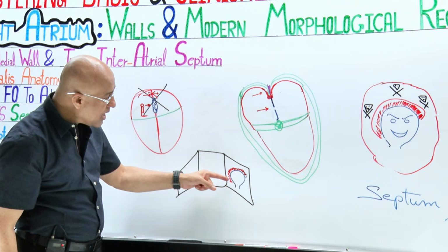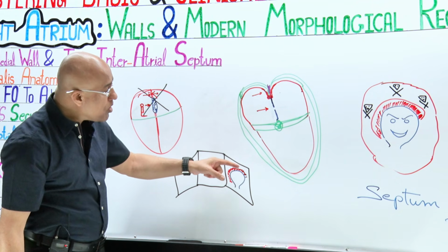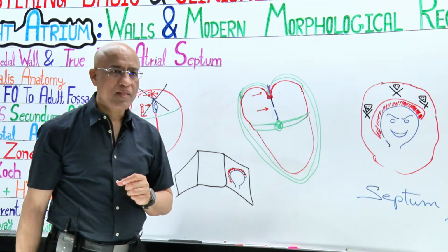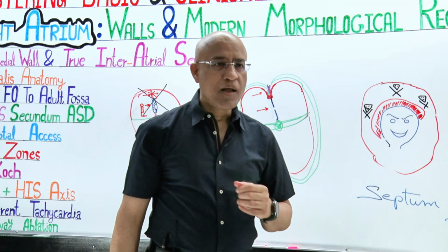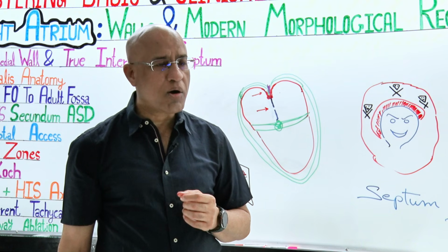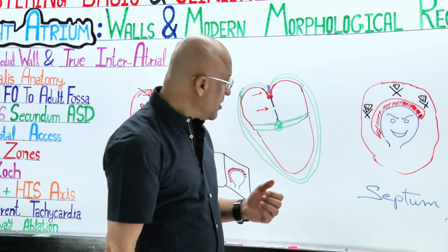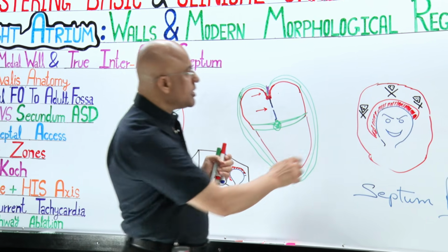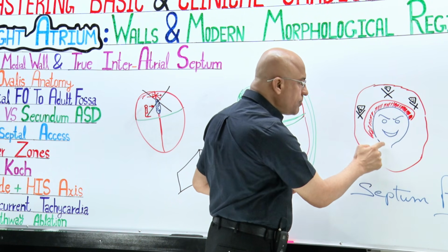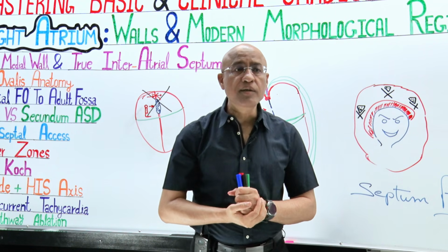And this thickened area, which is called the limbus, it's worth repeating, it is basically not septum secundum. Oh, now you are in trouble, because most of your books, the classical or traditional texts, or whatever you were taught previously, it was thought that if this is derived from septum primum, then this area is derived from septum secundum.